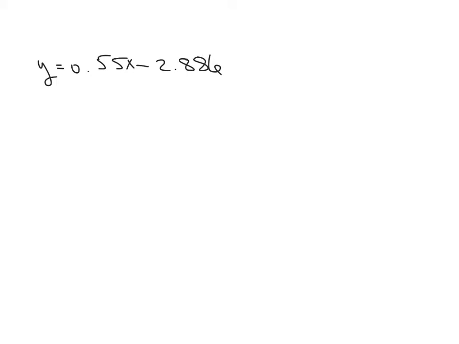So according to this model, to how many months should a judge sentence a convicted criminal so that the criminal will serve between 37 and 78 months? Okay, so that's what we're looking at, a time in jail between 37 and 78 months.